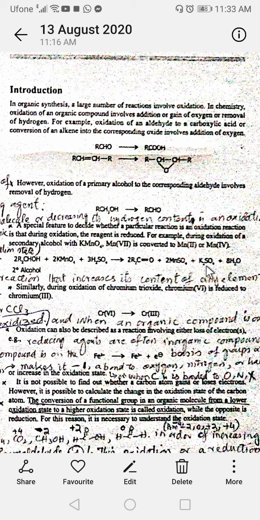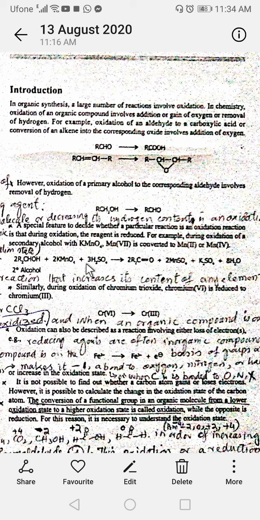So what has happened here? The oxidation state of the oxygen is -2, 4 into -2 is -8, plus 8 is the oxidation number of the oxygen, and +1 is the oxidation state of the potassium.